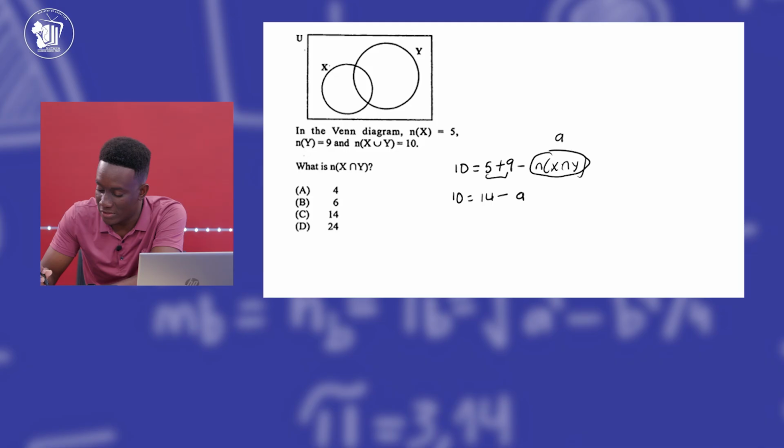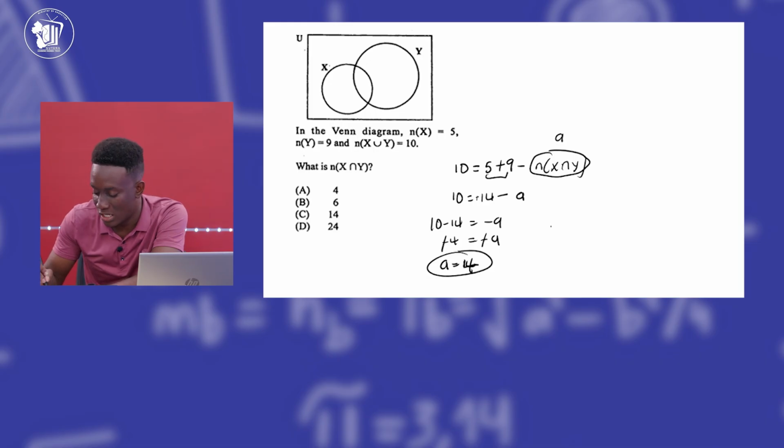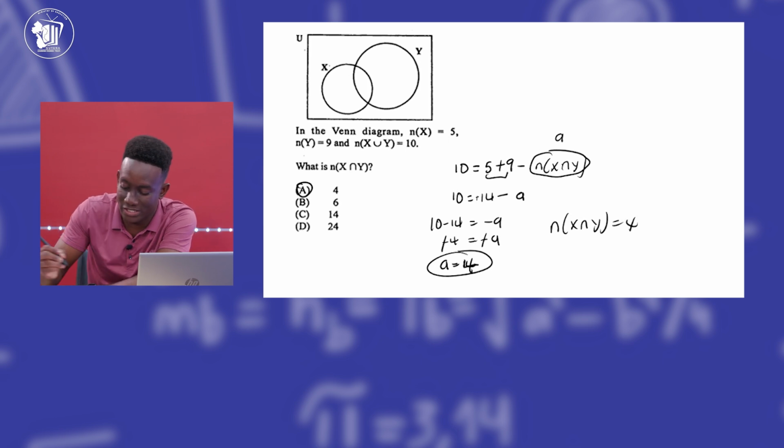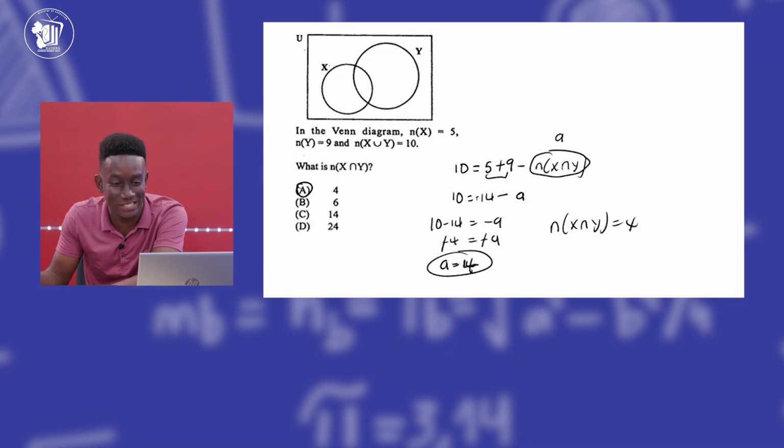The 14 here is adding, so when we take it over, it will subtract. So we'll have 10 subtract 14 is equal to minus A. 10 subtract 14 gives negative 4, which is equal to negative A. The two negatives cancel out, so A is equal to 4. A represents the number of elements in X intersect Y, which is 4. So the answer here is A. By coincidence, it's A.